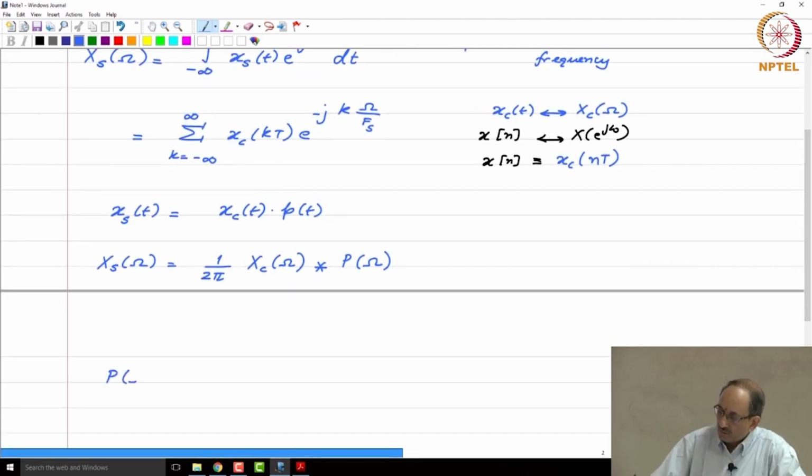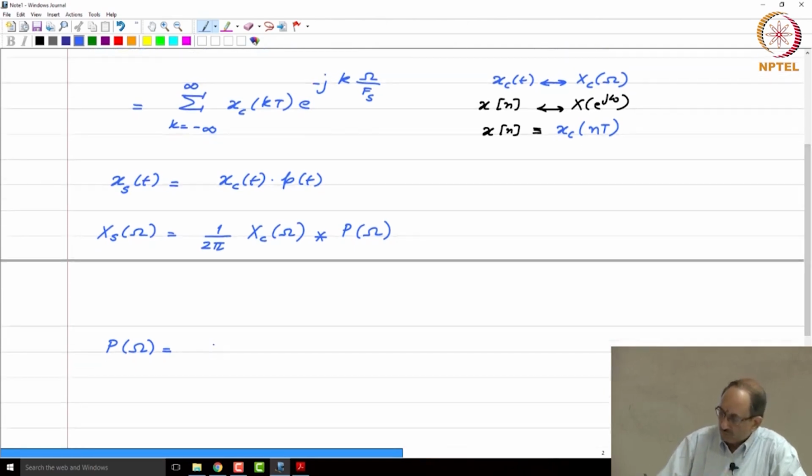And if you recall, the Fourier transform of an impulse train is also an impulse train. The main difference is the spacing. If the spacing is t in the time domain, the spacing will be inversely proportional in the frequency domain.